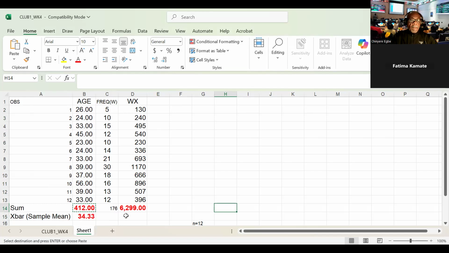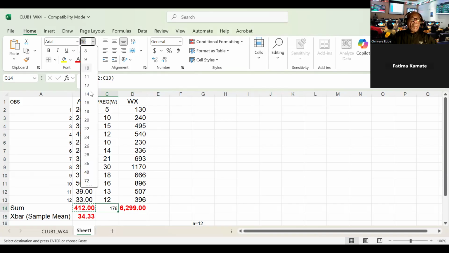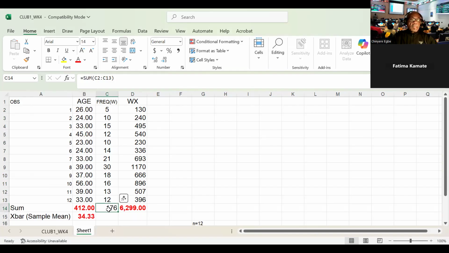And so now the sample mean is going to be that sum divided by 176, which is the total number of persons in this new group.